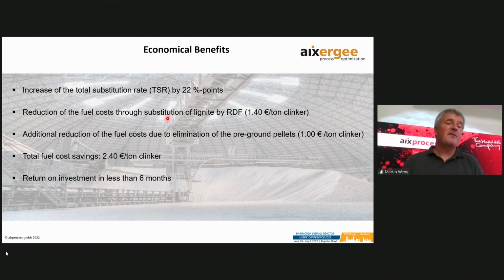Then there was an additional reduction of fuel costs due to the elimination of the pre-ground pellets. So using the easily available RDF made another euro per ton of clinker. So the total fuel cost reduction was 2.4 euros per ton clinker, and that meant a return on investment in less than 6 months.